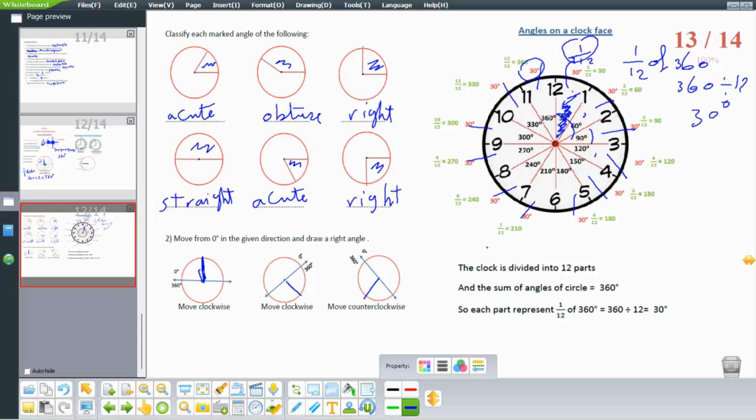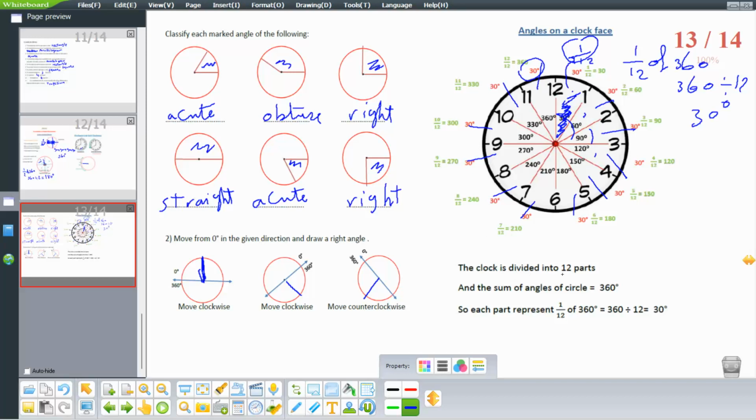Every part is represented by how many degrees? We know 1 over 12 of 360, because the angle of a circle equals 360. So it will be 360 divided by 12 equals 30. So every part represents 30.